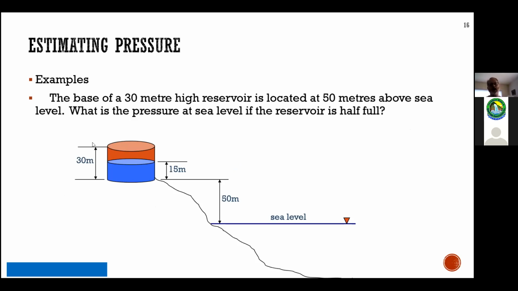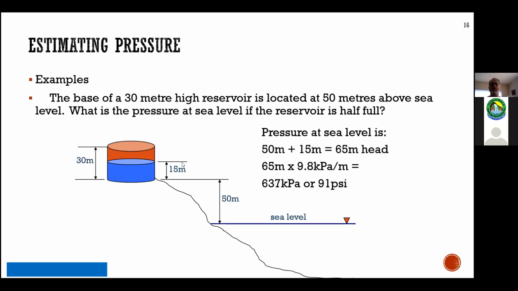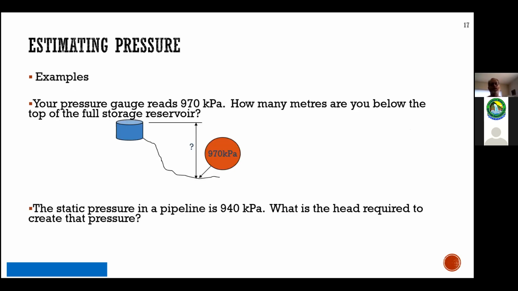So don't add the whole 30 meters to the 50 meters because there's no water there. You're dealing with the 15-meter mark. So it always helps to draw it out. But again, you're visually representing the elevation that has been established to create the energy in the system.